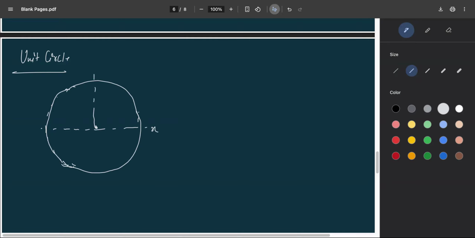This upper y-axis you can call. How are we going to represent angle over here? Again, I said the rotation, right? 30-degree rotation will land you somewhere here. 60-degree rotation will land you somewhere here. Then you will reach 90 degree, right? This is 30 degree, 60 degree, and 90 degree.